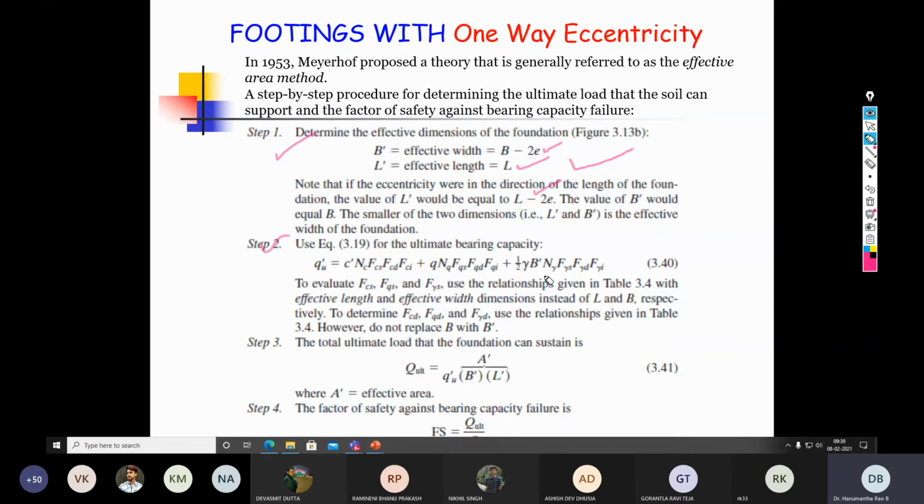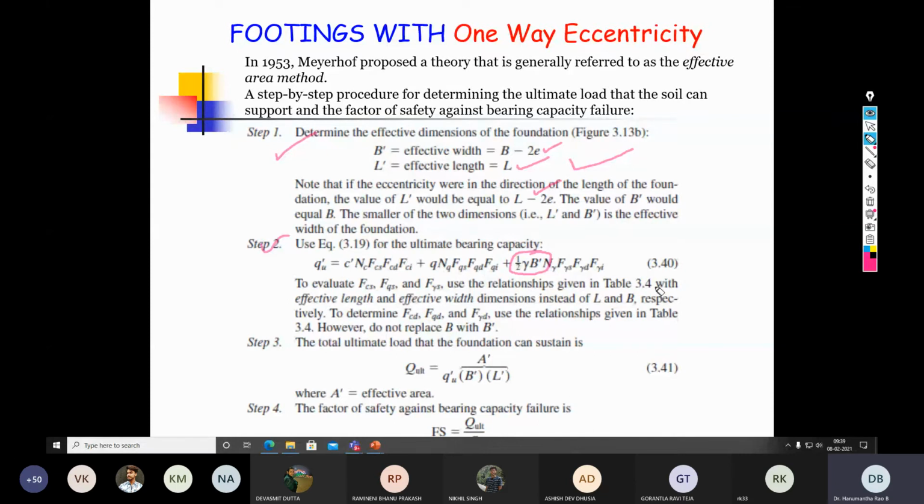Now if you look at the third term, that is B, do not replace B with B dash in the last case. To evaluate Fc, Fq, F gamma, these are shape, depth and inclination factors.